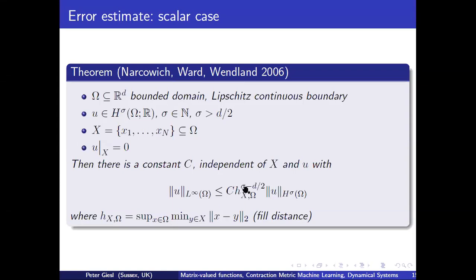And the order is sigma minus d over 2. So the sigma is how smooth our u will be. So the smoother our u, the better the approximation. The other thing we need is a technical condition that omega as a bounded domain has a Lipschitz continuous boundary.